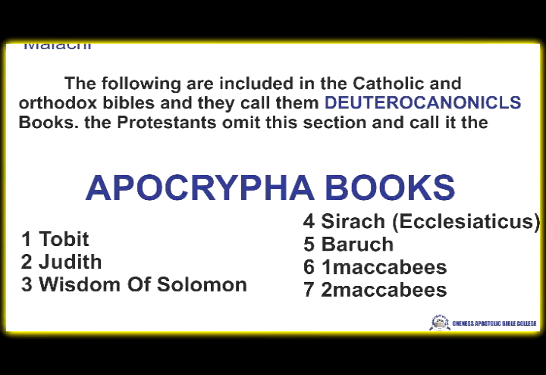The following are included in the Catholic and the Orthodox Bible, and they call them Deuterocanonical books. The Protestants omit this section and call it the Apocrypha. So the Apocrypha books are the 7 hidden books of the Old Testament.